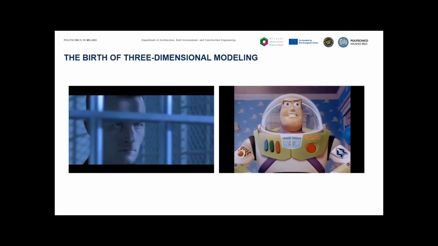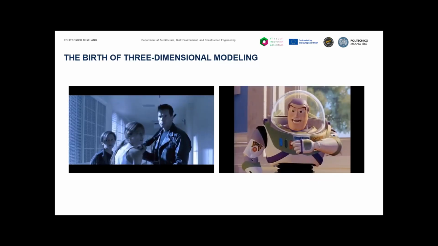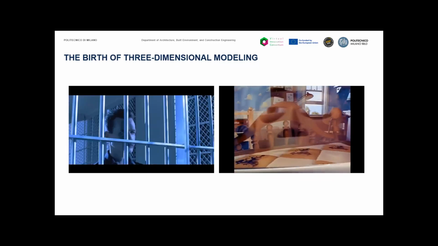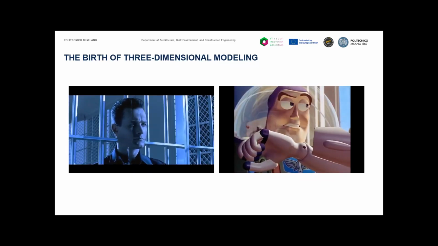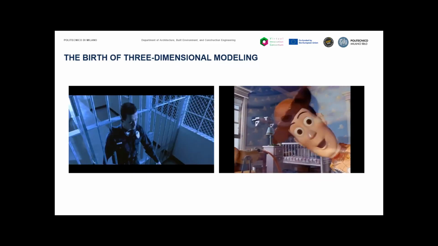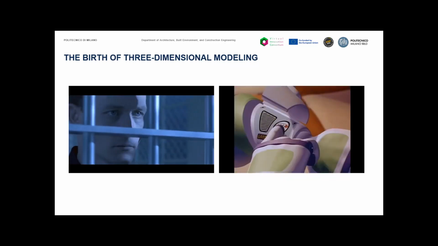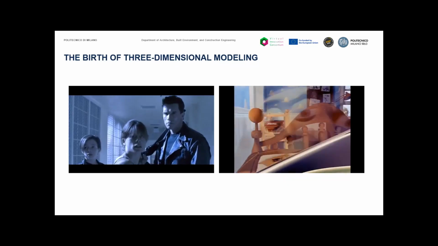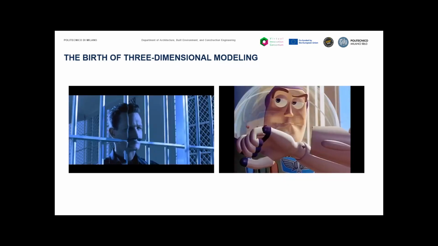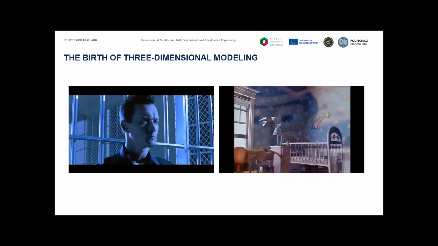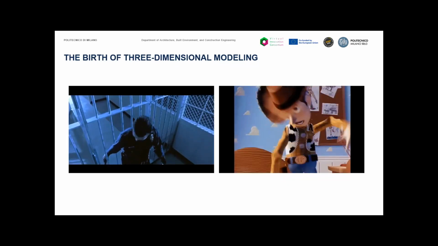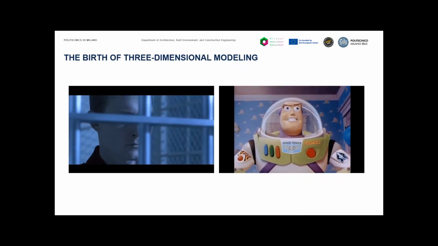On the right, '95, Toy Story, the first fully computer-generated theatrical feature. So the first completely computer-generated movie. Every element, every frame was produced computationally. That was the proof that CGI could carry feature-length narrative cinema.